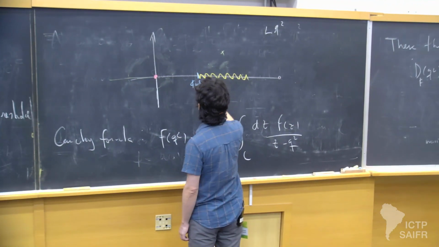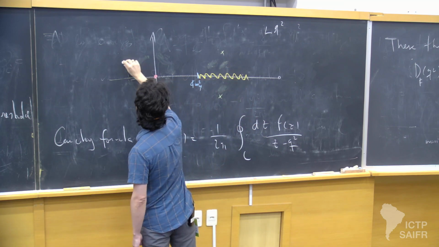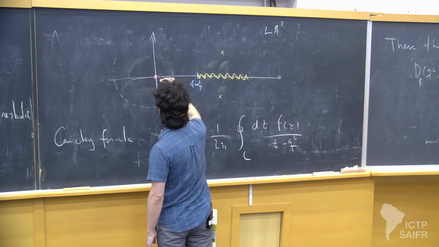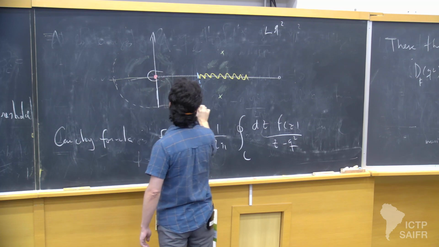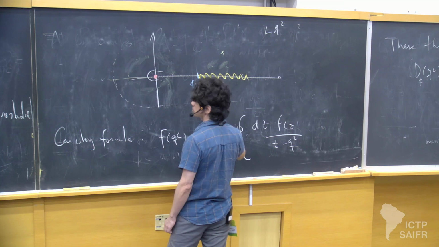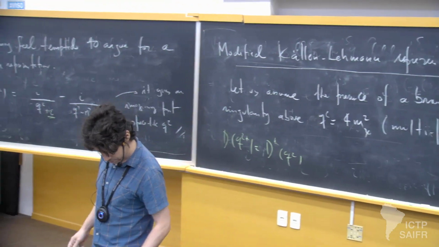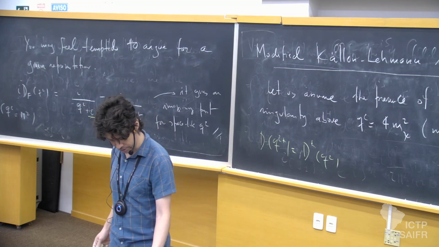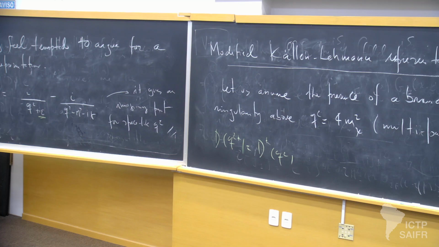So it has to be a contour in which you write, so it's contour, you see it here, so you put it in here. I'm terrible in drawings. Yes, that's it. That's my drawing.